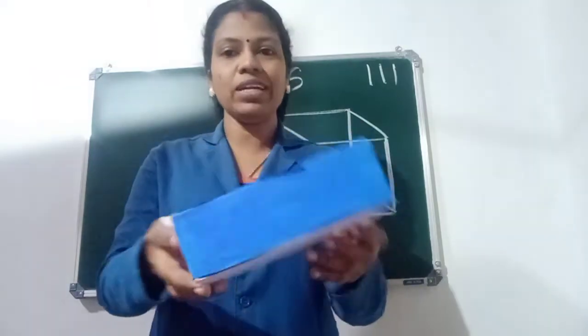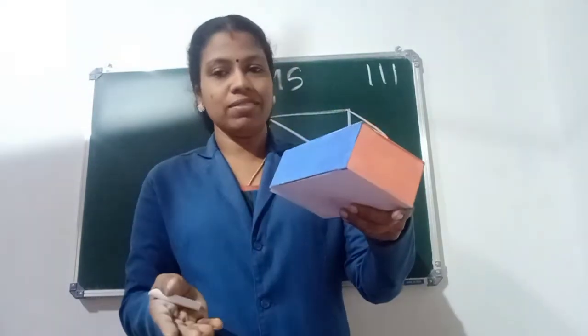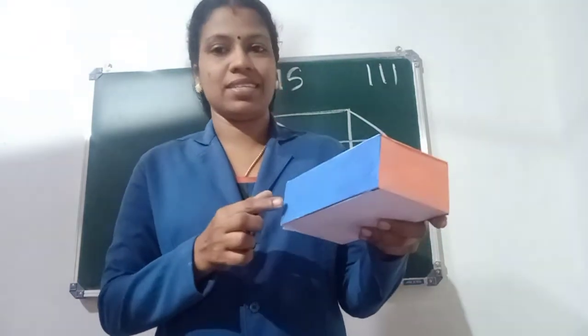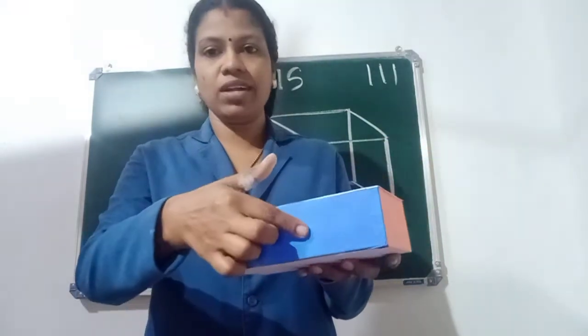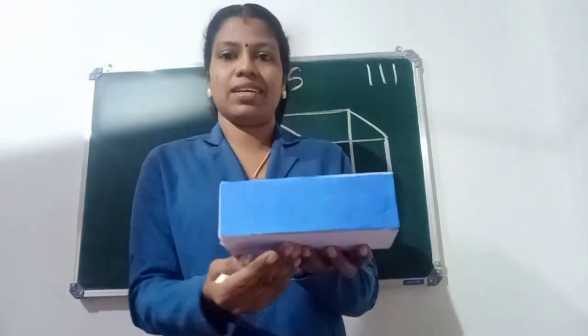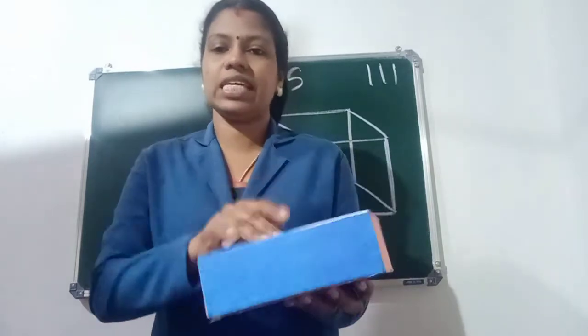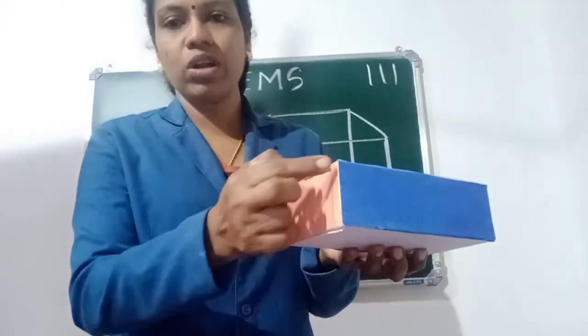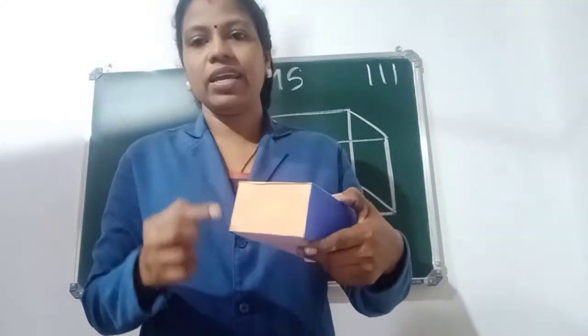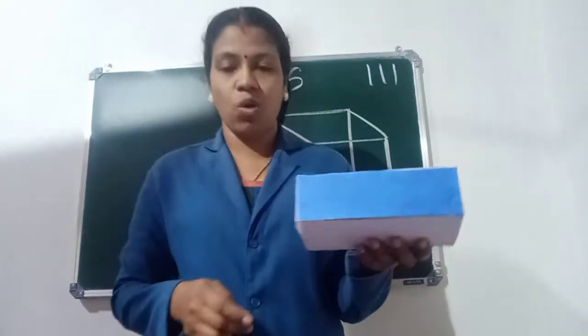So a cuboid also has the same features. A cuboid has 6 faces: 1, 2, 3, 4, 5, 6. Corners are also the same. Here 4 corners, here also 4 corners, so total 8 corners.